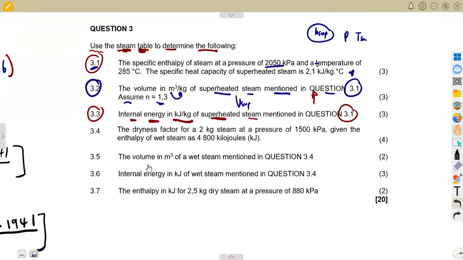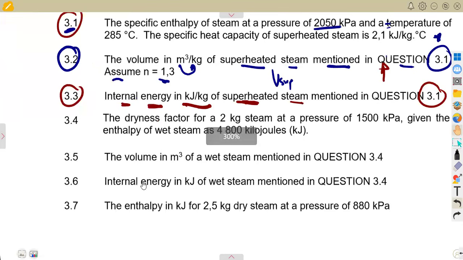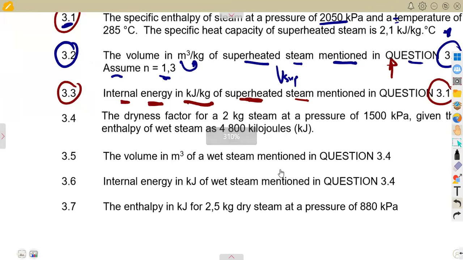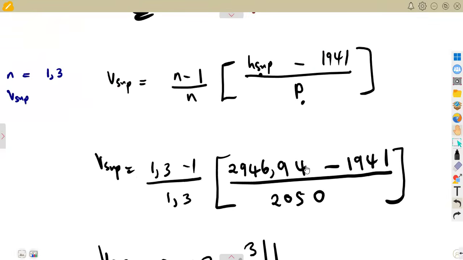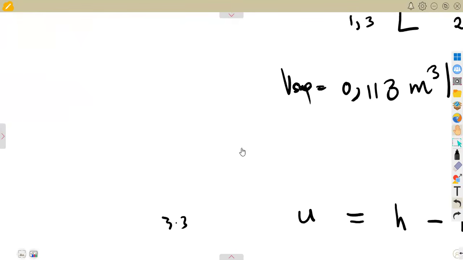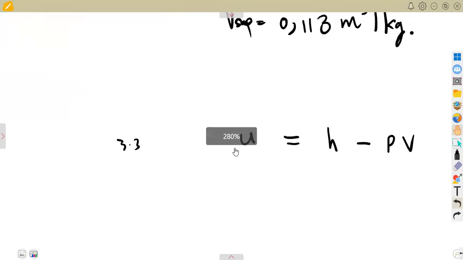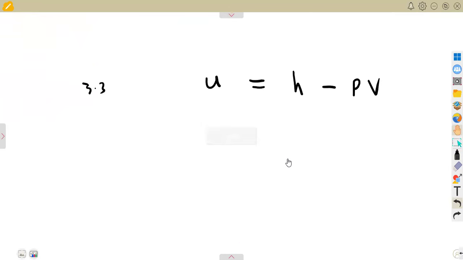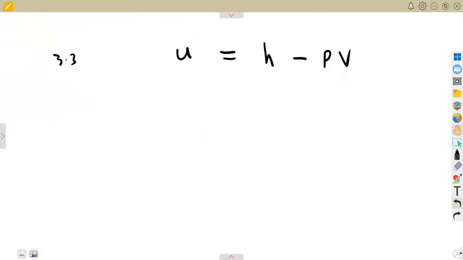If you see after this, they are now talking about the internal energy of wet steam, because the steam was taken from a certain pressure to another pressure. So let us just call this U1, because it's a process from one stage to another stage. That's why we are given that n for expansion.